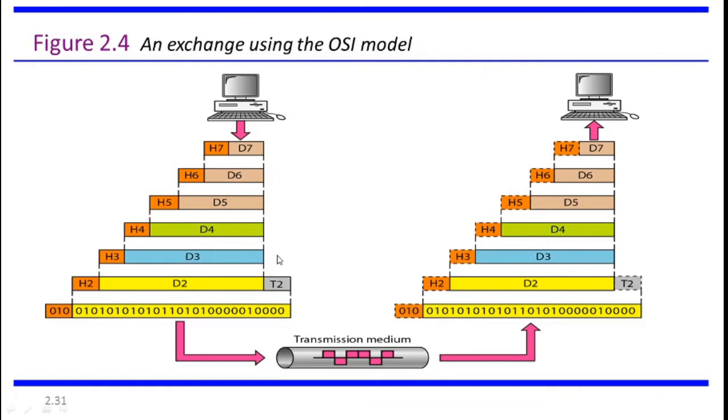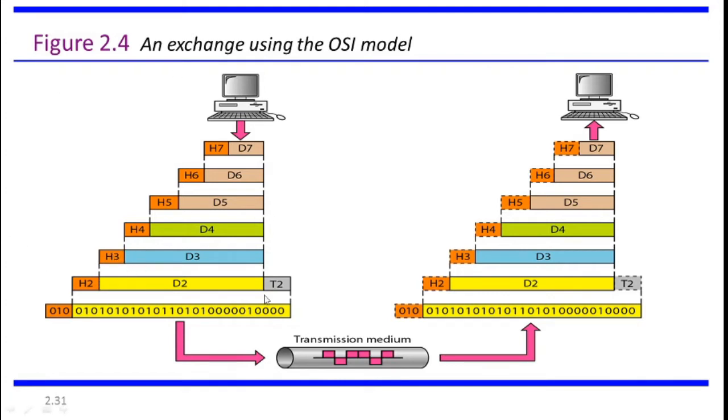After that, it is transferred as payload to the network layer, where it becomes a datagram. So the segments become a datagram here by the addition of the logical address, the source and the destination logical address, as header H3.